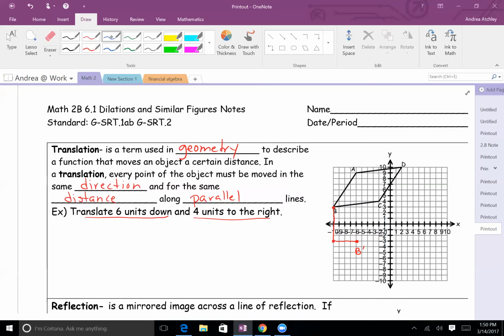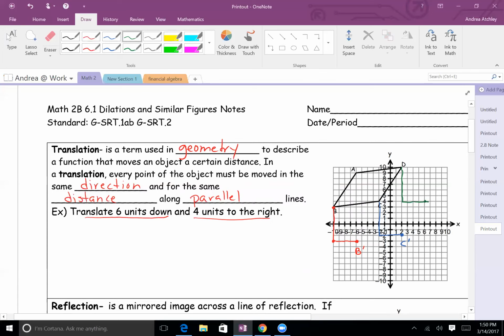We're going to do the same thing with C. I'm going to move it 6 units down. So 1, 2, 3, 4, 5, 6, and over 1, 2, 3, 4. And that's going to be our C prime. Same thing with D. 1, 2, 3, 4, 5, 6, and over 1, 2, 3, 4.